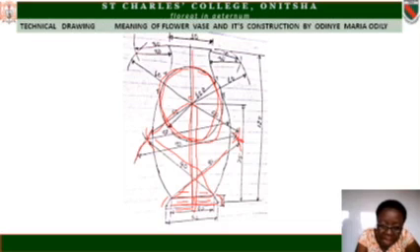Then we measure 80 millimeters radius again, center, this point of intersection at right, we draw the profile, left. Where this profile touches 40 millimeters, the point of tangency is there; it is to join an arc with a straight line.